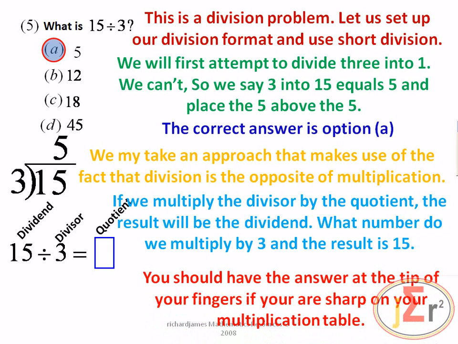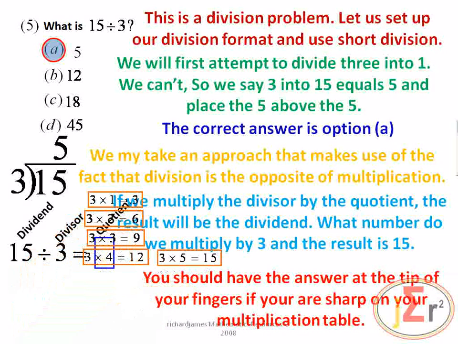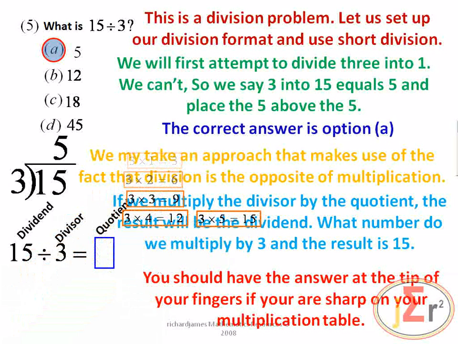We should have the answer at the tip of our fingers if we are sharp on our multiplication table. See the multiplication table coming up right there, but it will disappear very quickly. So if you do not record the value, then you would have lost it.